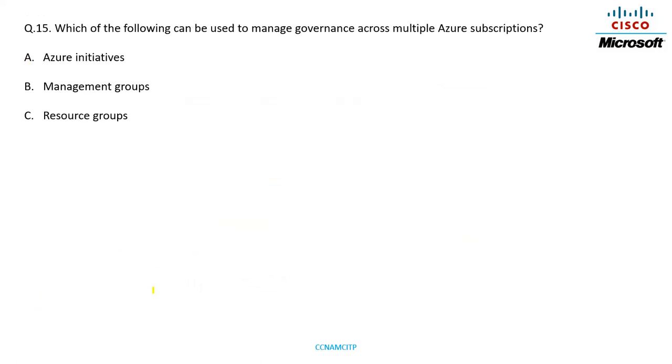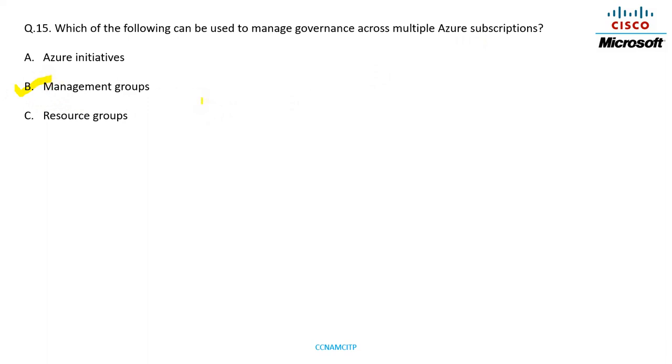Now next question, which of the following can be used to manage governance across multiple Azure subscriptions? So, Azure initiatives, management groups, and resource group. So guys, if we are talking about multiple Azure subscriptions, management group is responsible for this.